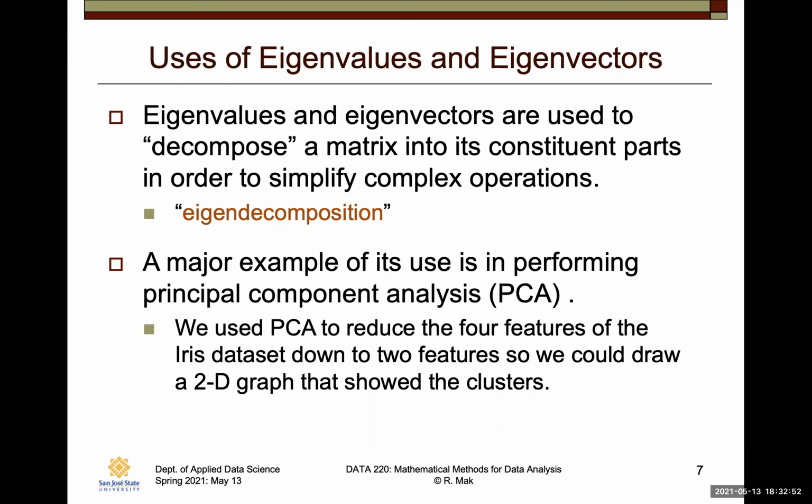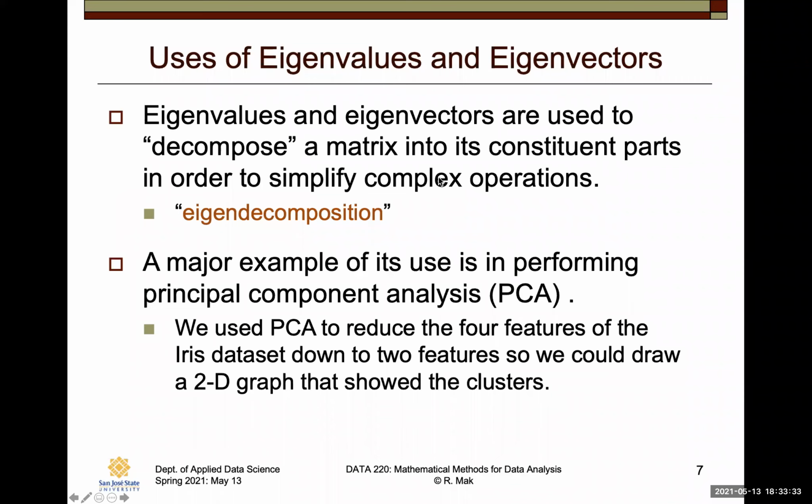PCA is going to be an important operation, because if your data has way too many attributes, you're not going to be able to do all the computations. Remember, the more computations you do, the more round-off error you accumulate. So you're going to be doing PCA to reduce the number of attributes, combining some attributes and so forth, and you end up with a smaller set of attributes. Eigen decomposition will be one of the operations that you'll be using to do PCA.